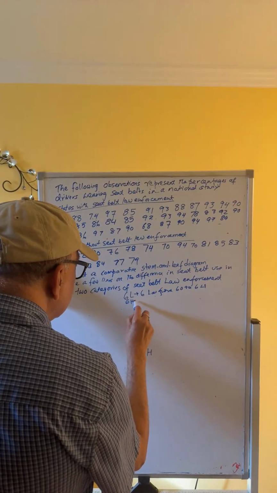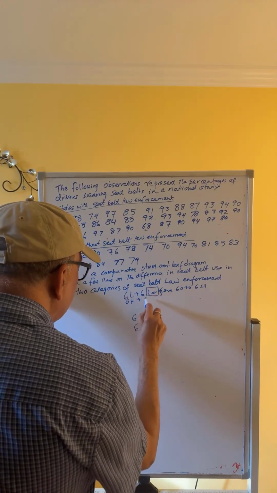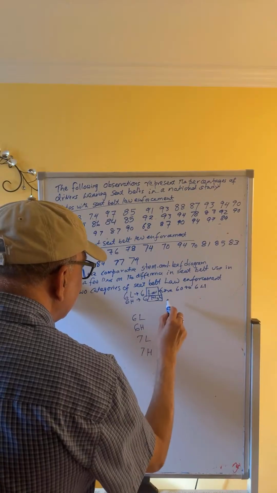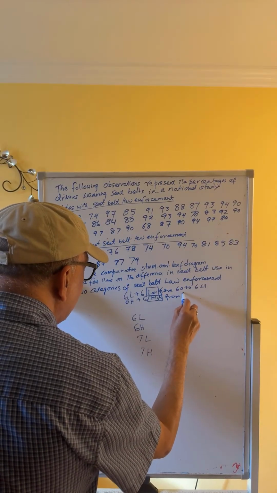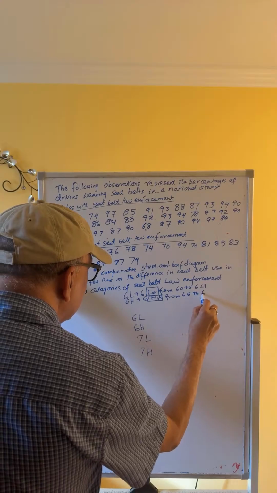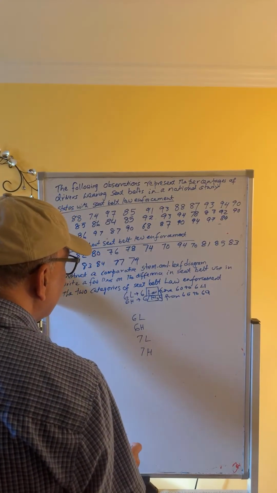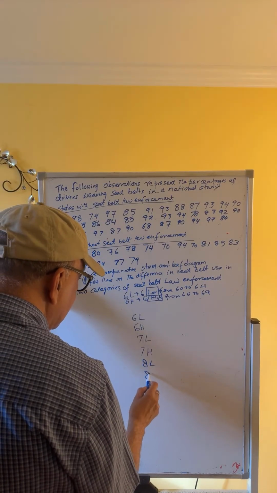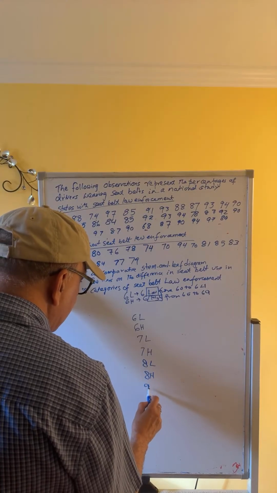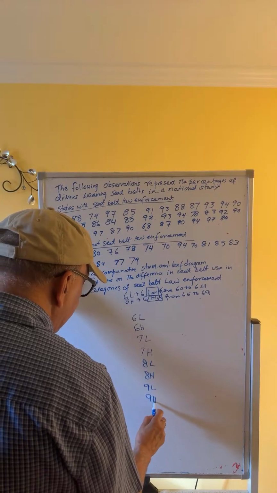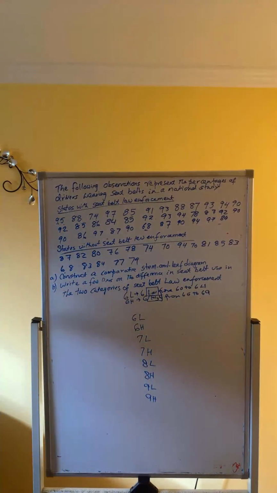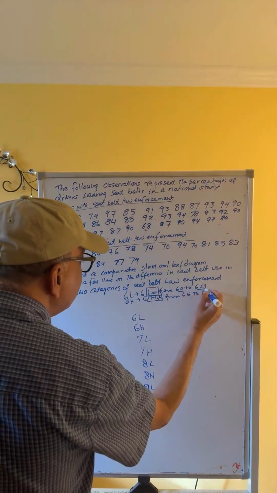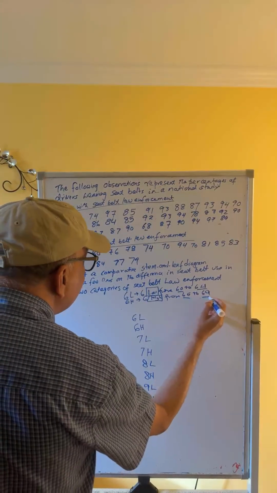And 6H, 6 high, that means stem is still 6, but numbers are from 65 to 69. And same applies to the other numbers in the tens place. 8 low, 8 high, 9 low, and 9 high. Okay. So again, low is from 60 to 64, high is from 65 to 69.